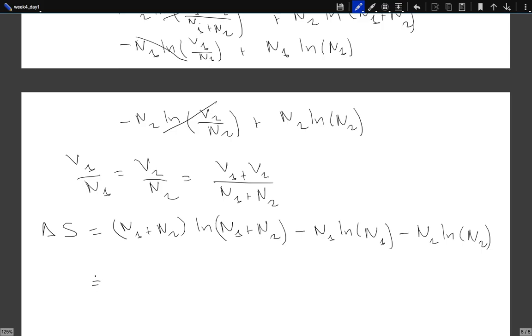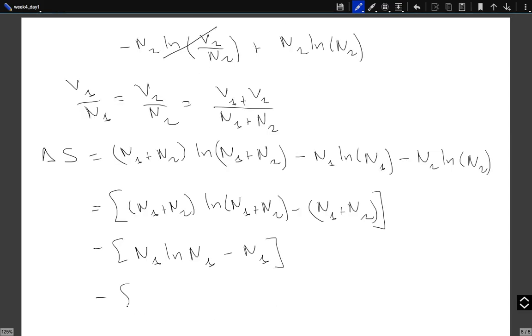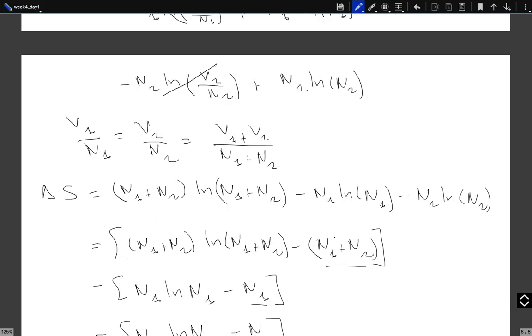Or let me even rewrite this term. N1 plus N2 times logarithm of N1 plus N2 minus N1 plus N2, minus N1 logarithm of N1 minus N1, minus N2 logarithm of N2 minus N2. You see, this minus N1 minus N2 and this minus N1 plus N2 cancel each other. Why do we have a minus sign over there?